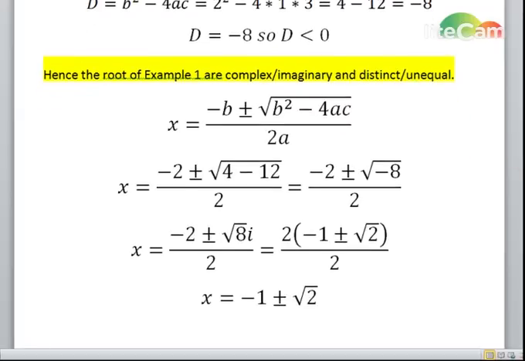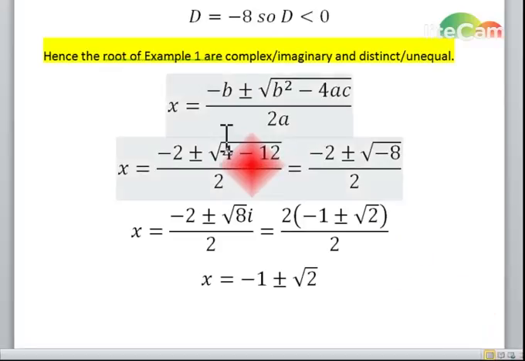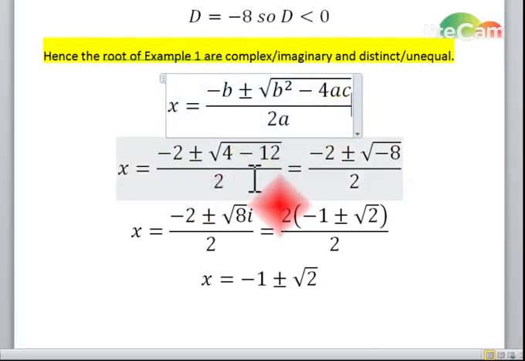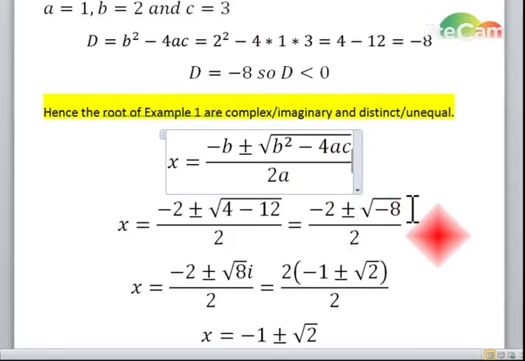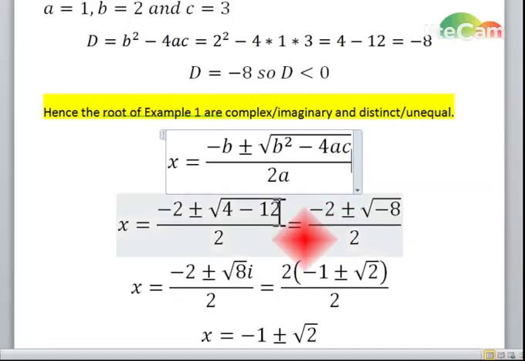Now we can see it after a little explanation: using the quadratic formula I put the values of a, b, c in this formula, and then I got minus 2, and as you know that b is equal to 2, so b square is equal to 4, and 4 into 1 into 3, as we know that the value of c is equal to 3, so here comes 12 at the place of 4ac.